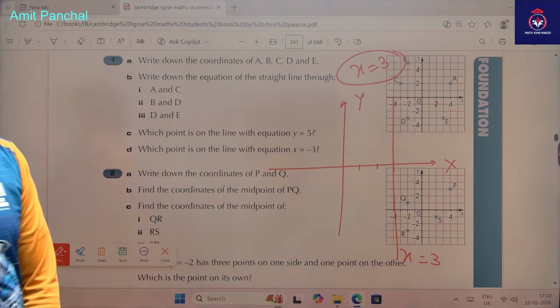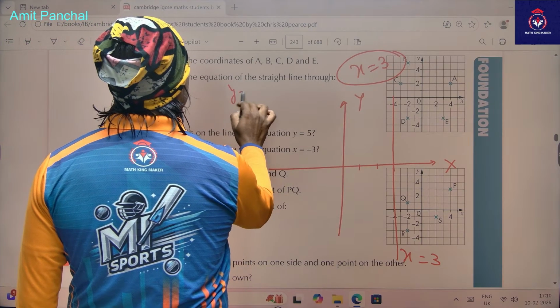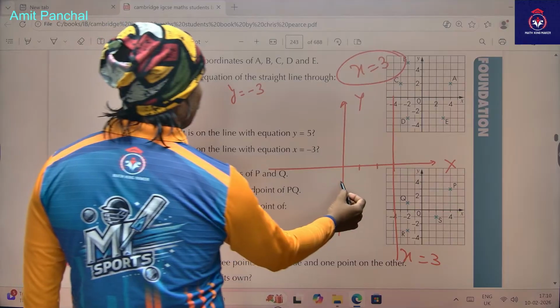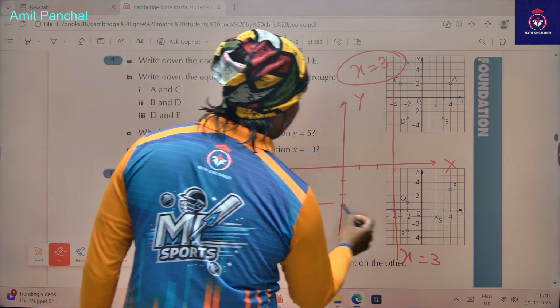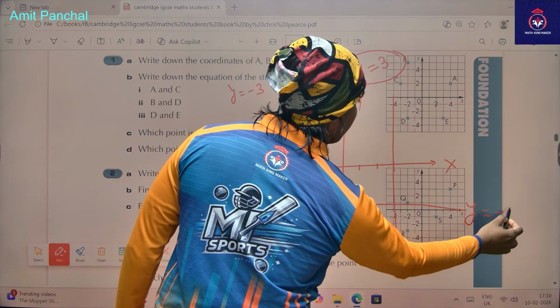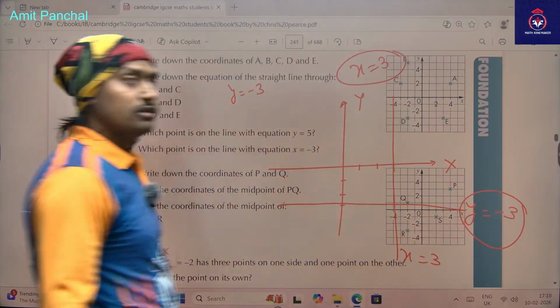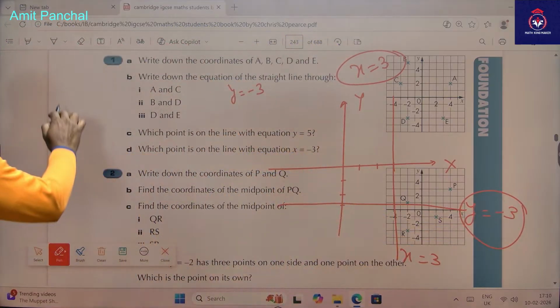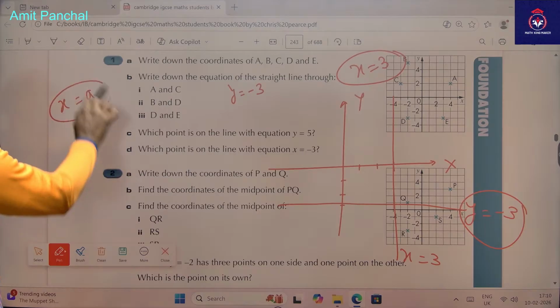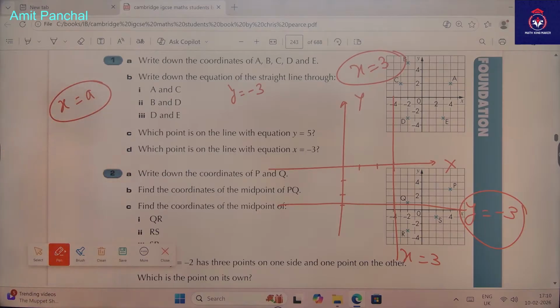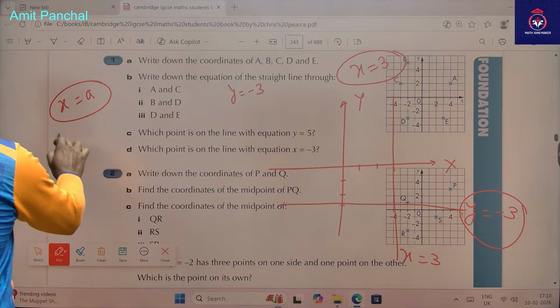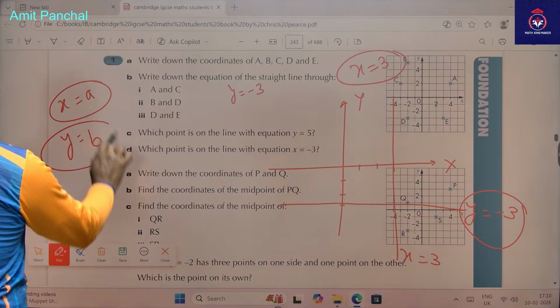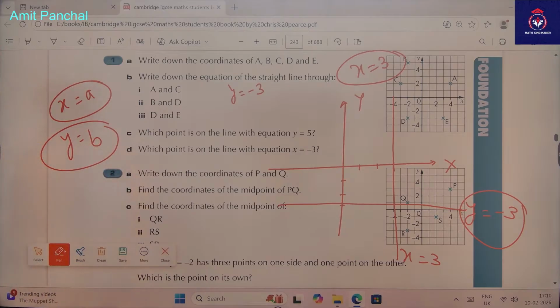If you want to draw y equals to minus 3, so here 1, 2 and 3. So this equation is going to be y equals to minus 3. So always if you have a line which is x equal to a, that is going to be parallel to y axis, and if you have y equals to b, that is parallel to x axis, isn't it?